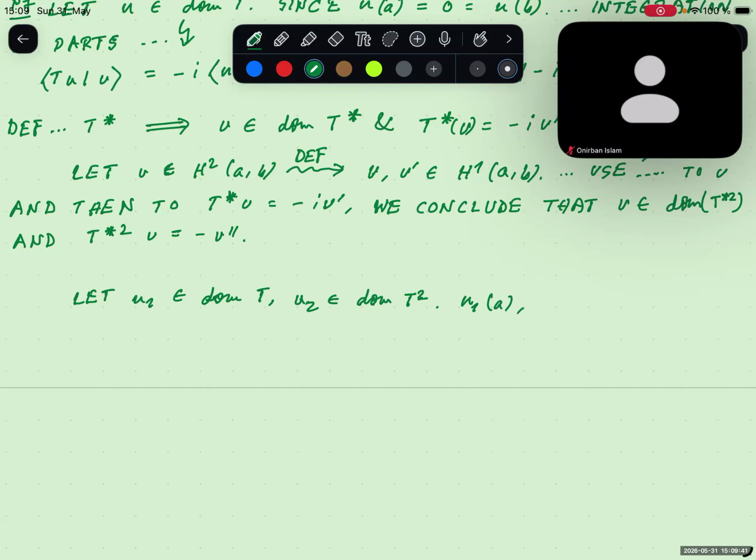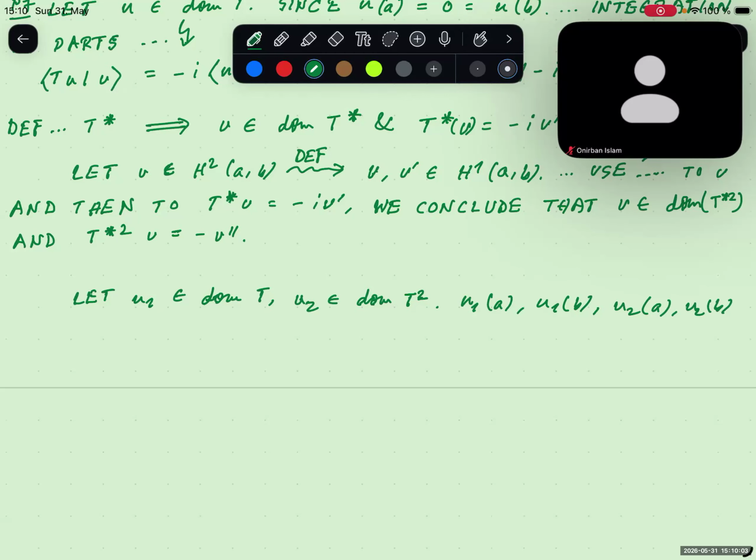Let's just write everything explicitly. u1(a), u1(b) are the boundary values for the element of the domain of T, and for T squared, u2(a) and u2(b).